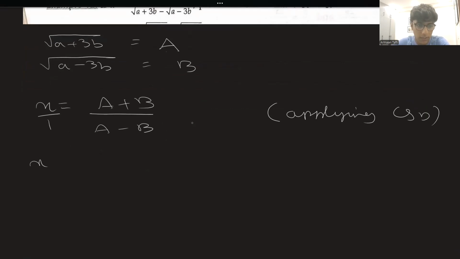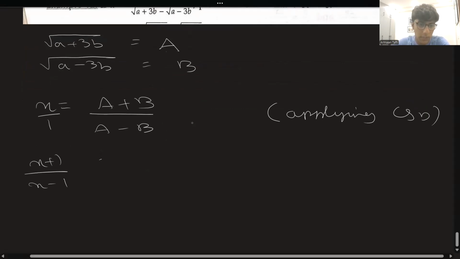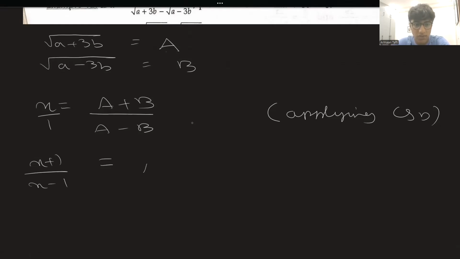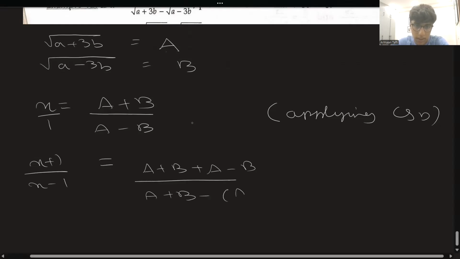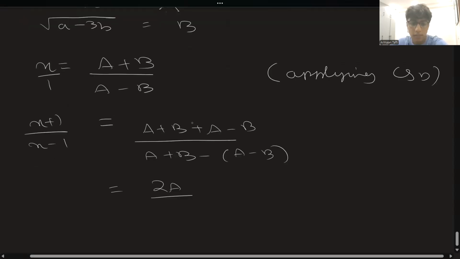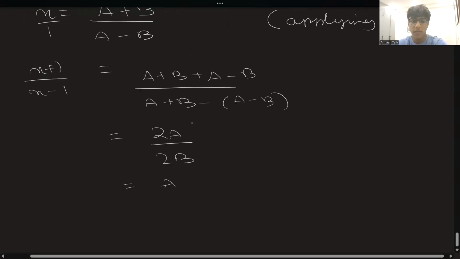So you got x plus 1 by x minus 1 is equal to a by b, or again, I'll simplify it and make it easier for you. So it's a plus b plus a minus b by a plus b minus a minus b. And this is equal to 2a by 2b, which is equal to a by b, right? x plus 1 by x minus 1.